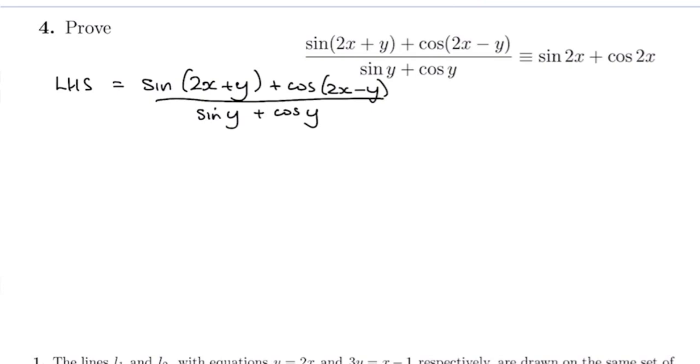So if you look at the top, you've got two expressions that look very similar to sine of A plus B and cos of A minus B. So we're going to use the A plus B formulae to expand these.